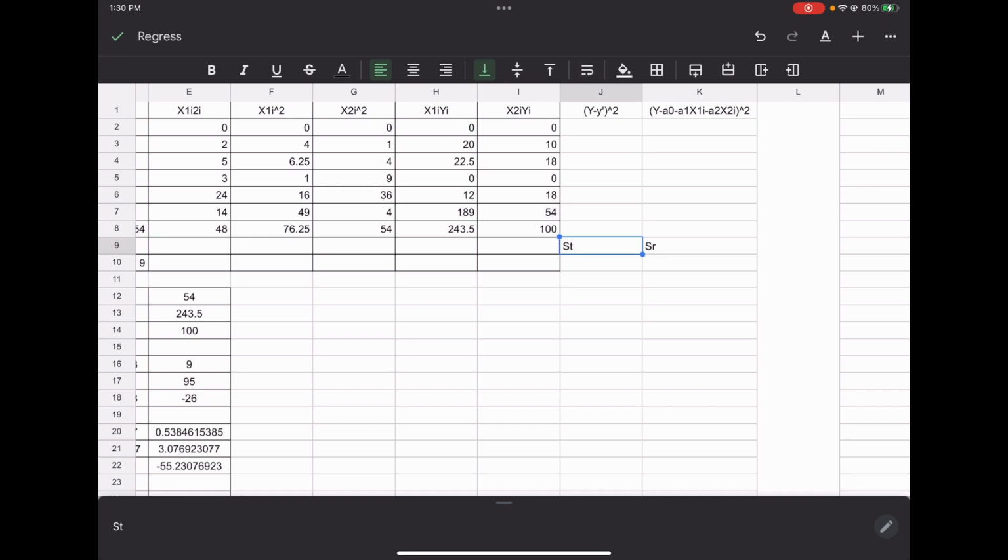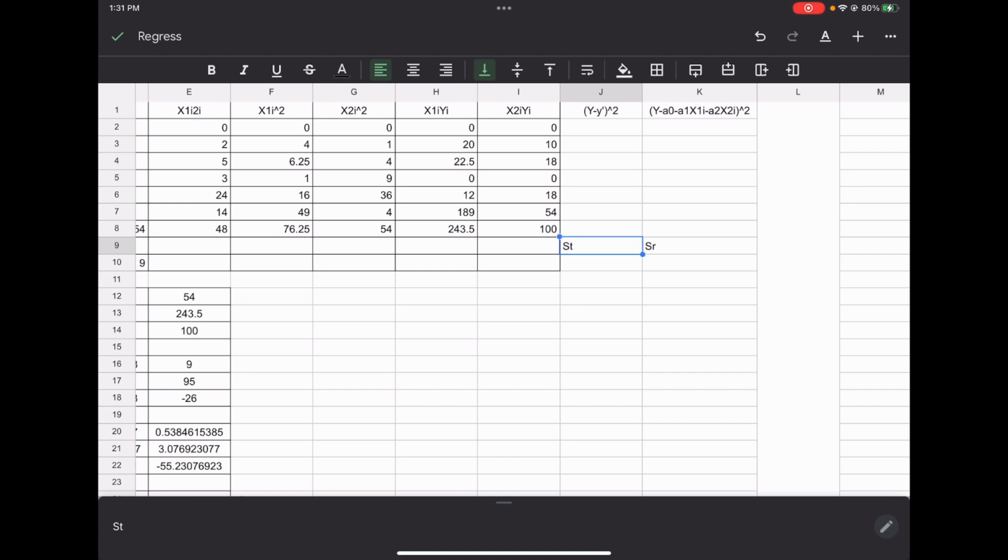So that means the error between the data points in comparison to the mean line. While the other one, we have y minus a sub 0 minus a sub 1 x sub 1 minus a sub 2 x sub 2, squared. So this time around, that one corresponds to the residual, the difference between the actual data points and the regression line.